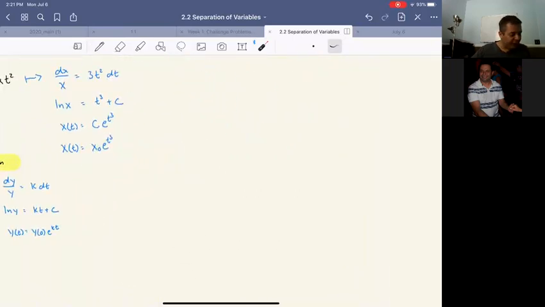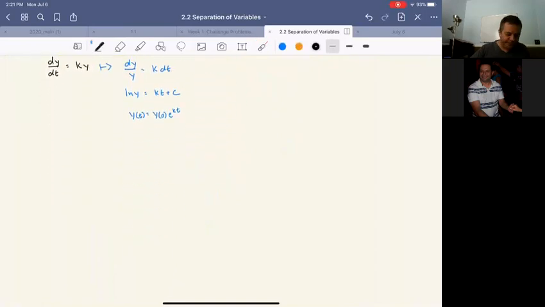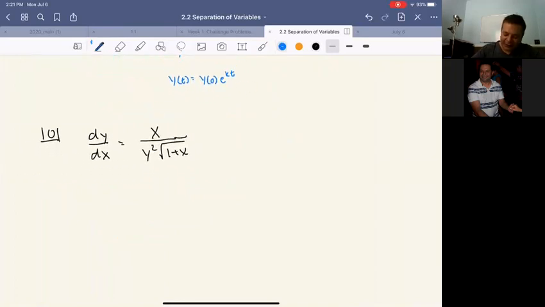Okay. All right. Let's do one more. We've got space. Let's take this number 10. dy/dx equals x over y squared square root of 1 plus x. Okay, I'm probably just doing this because I want to show off my integration skills, or my algebra skills, whichever one is used here.